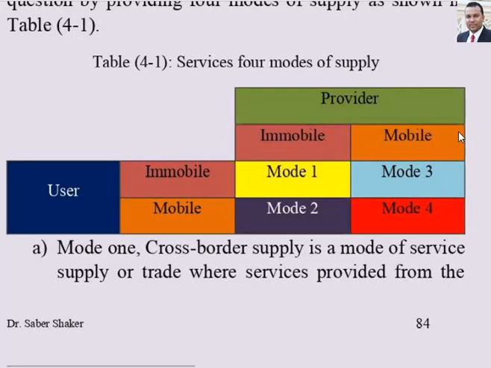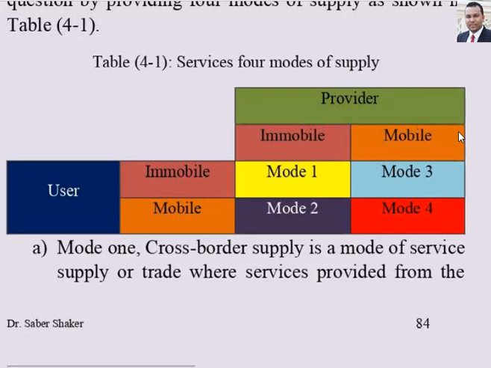In the 4 modes of supply, we have 2 parts: the provider of a service, equal to producer, exporter, seller, and the user of this service, equal to consumer, client, importer.